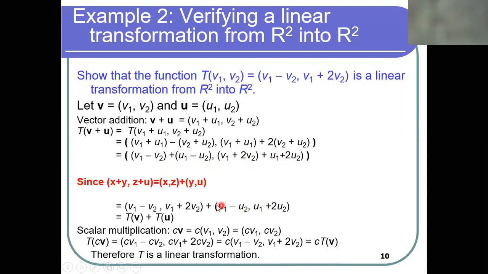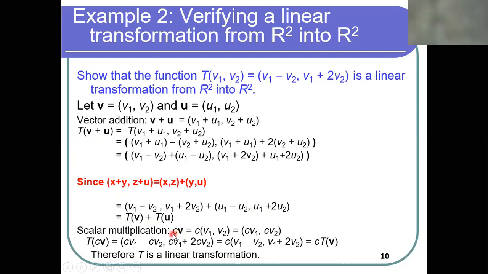In that case, I just separate this, and this one is T of v, and this is T of u. So I start with this one and end up with this one, and the first property of linear transformation is satisfied.